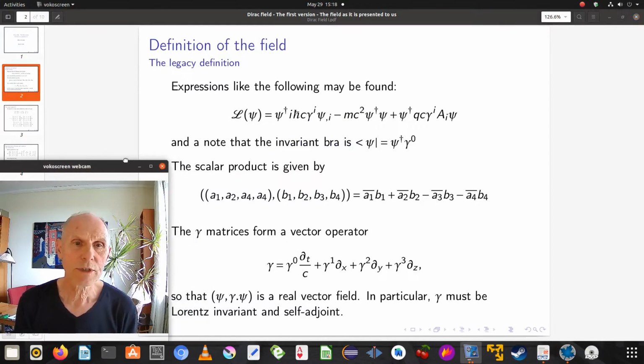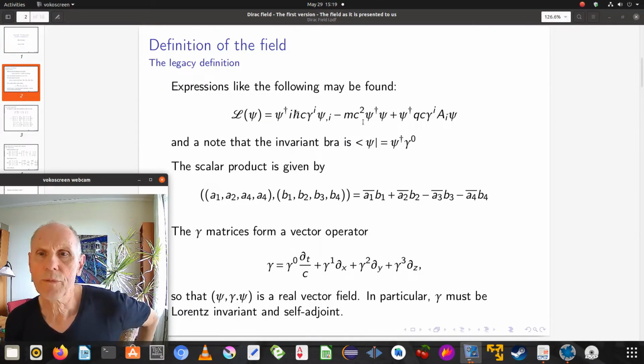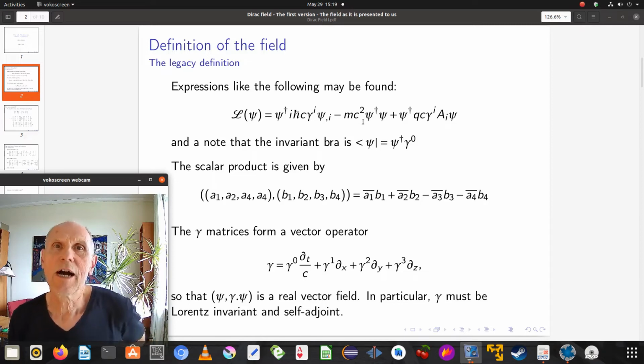What is presented to us is often something about these lines. I wrote this up out of my head. I have seen things like it, but maybe you have only seen something like it.